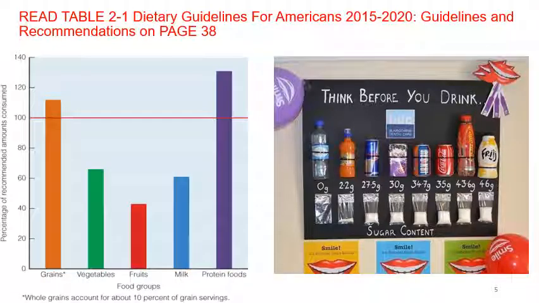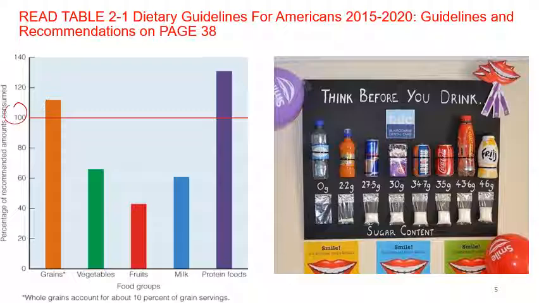I want you to go to page 38, table 2-1, Dietary Guidelines for Americans 2015 to 2020. On the left-hand side, you see a chart. If you look at the red line here, where the 100 is, that's where we want people to be, as close as possible, to consume each food group.